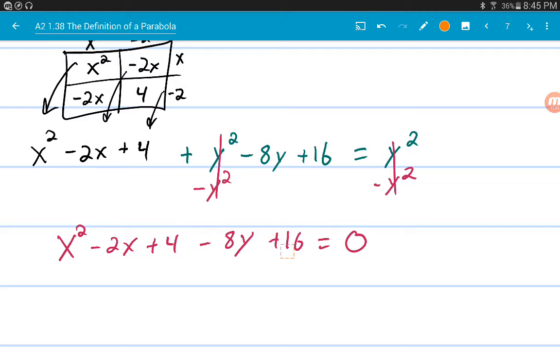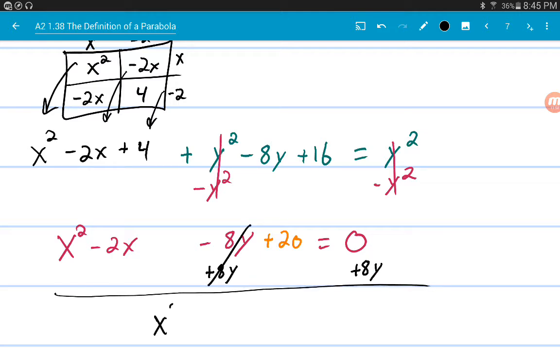Plus 4 and plus 16, that's plus 20. And I really want to get y by itself, that's still my goal. So I'm going to add 8y to this side, and add 8y to this. I get x squared minus 2x plus 20 equals 8y.